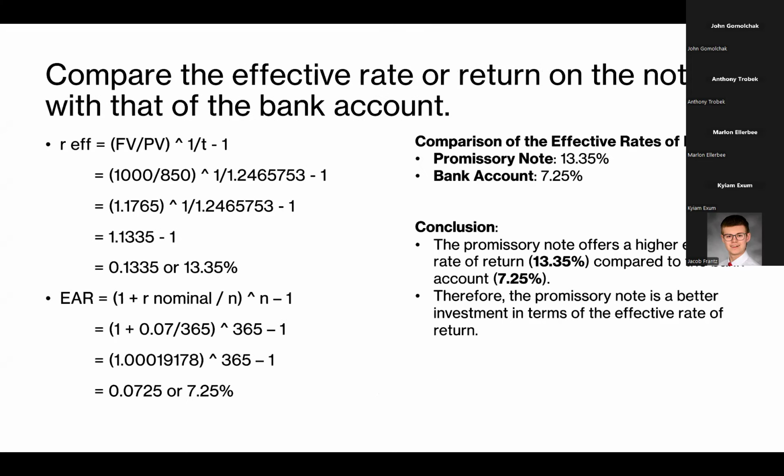And the last one was to compare the effective rate of return on the note with that of the bank account. For the effective rate of return on the promissory note, use the formula at the top, where the future value is 1,000, the present value is 850, and T is the time, so you divide the 456 days by 365 days to get the time in years.